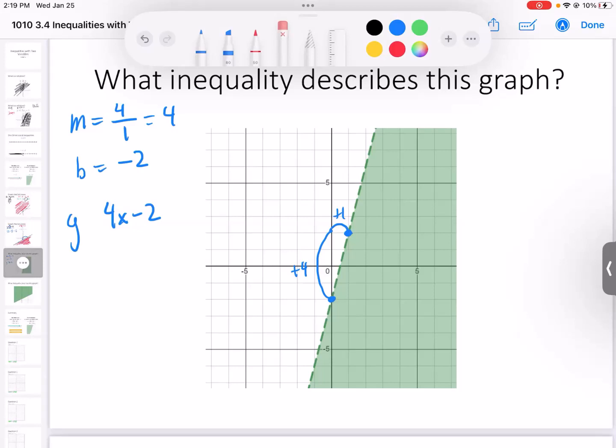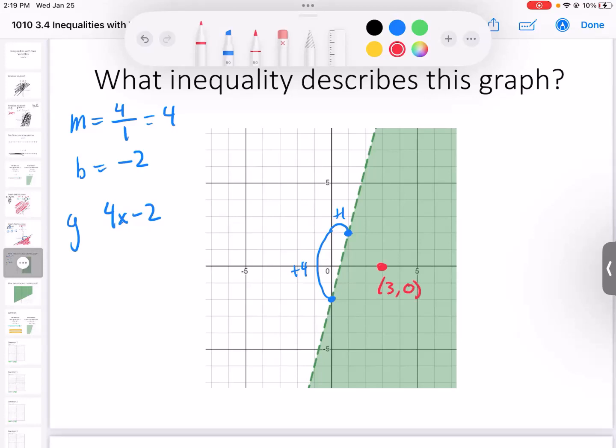And the way that you decide which side it's going to be on is you take a solution to it. So remember, this graph is showing us all of the solutions to the inequality we're supposed to write. So you can just choose one of the solutions. So maybe I might choose this one. This solution is 3 on the x-axis, 0 on the y.